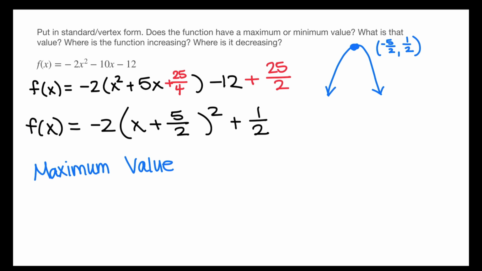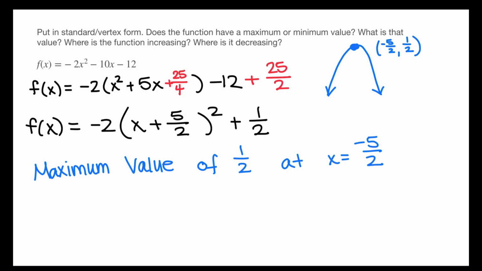So this function has a maximum value, and that maximum value is 1/2, the y value of the vertex. So based on my equation, my vertex is located at -5/2, 1/2. And so this function has a maximum value of 1/2, and that occurs when x equals -5/2. Again, the -5/2, the 1/2 are my vertex. Graph opens down, so it's a maximum.